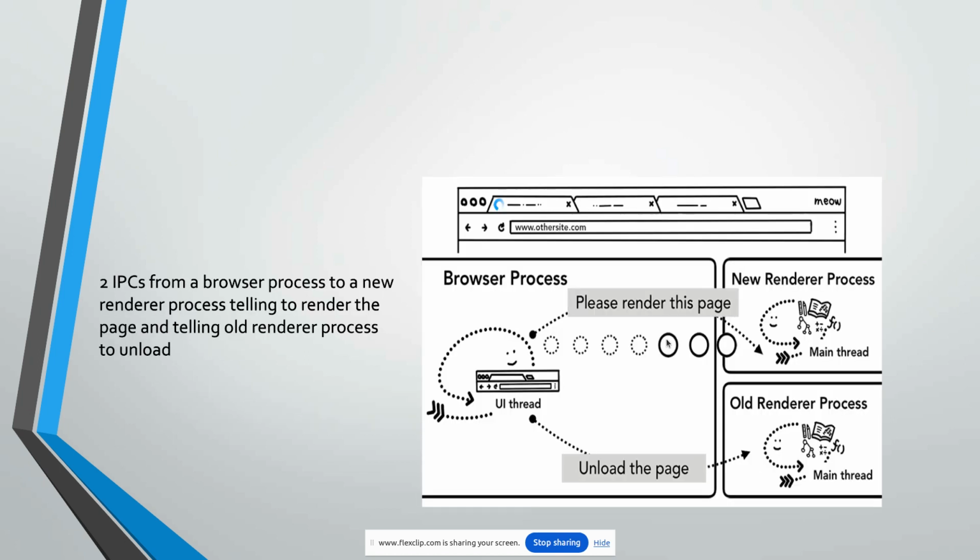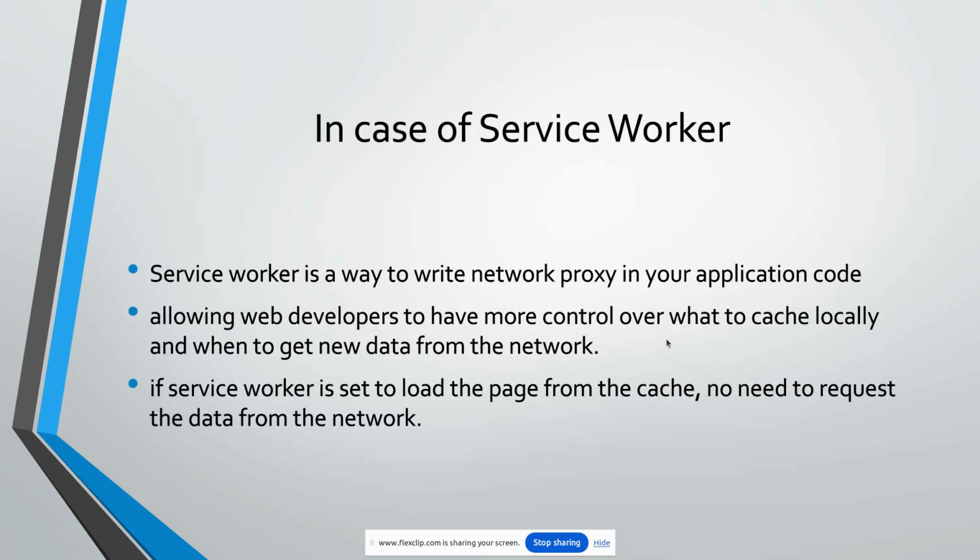This is also an example of when the navigation is initiated from the render process. The two IPCs go from the browser process to the new render process, telling it to render the page, and telling the old render process to unload.